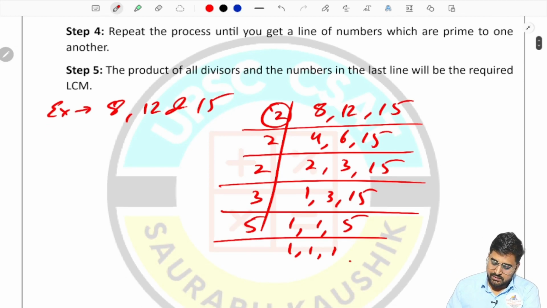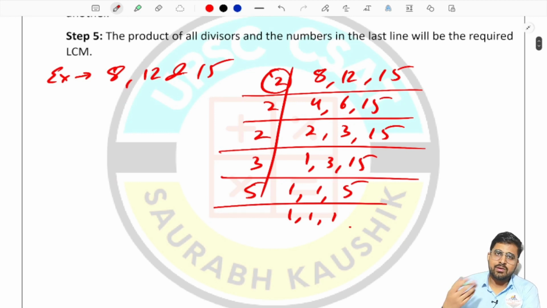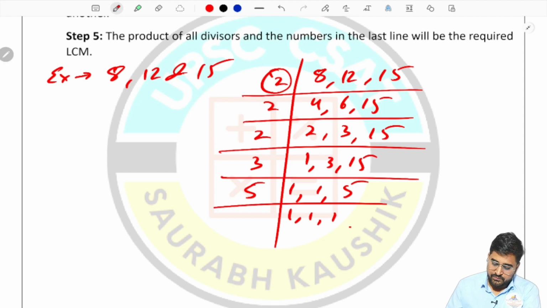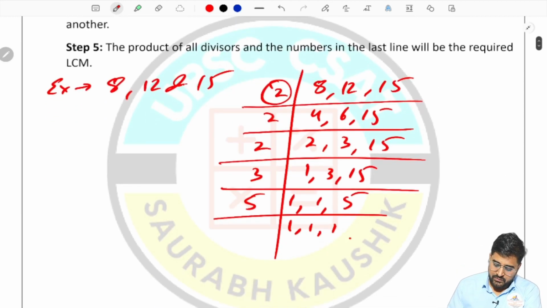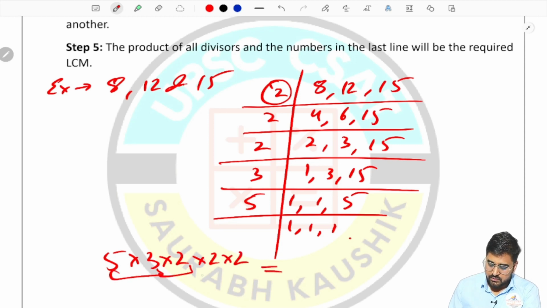So this is a very simple formula. It's not a formula, it's a way to solve the LCM. Now multiply them: 5 into 3 into 2 into 2 into 2, 5 into 3 is 15, 30, 60, 120, which is similar to the earlier one.